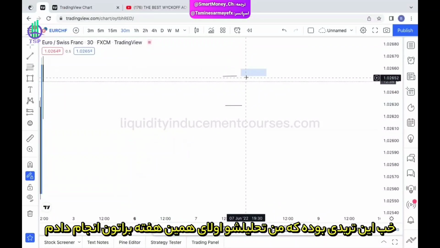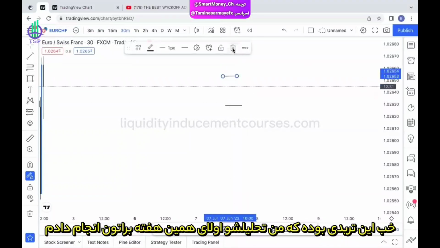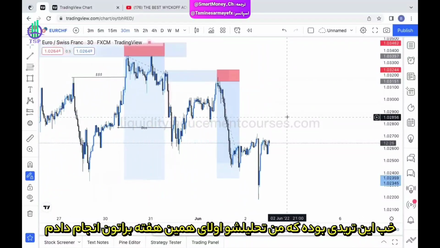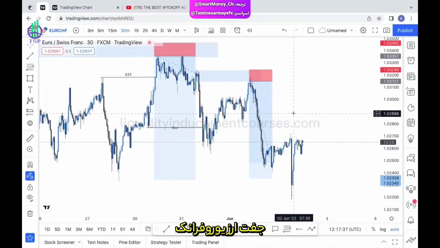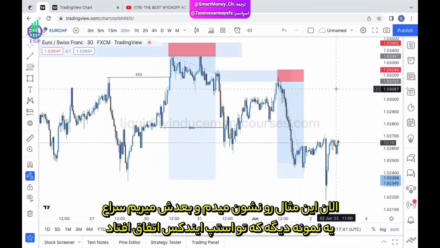So this was a trade I analyzed early this week, I think a few days ago, for Euro CHF, Euro versus the Swiss franc, and I'll be using this here, and then using another example that is actually happening on Step Index.